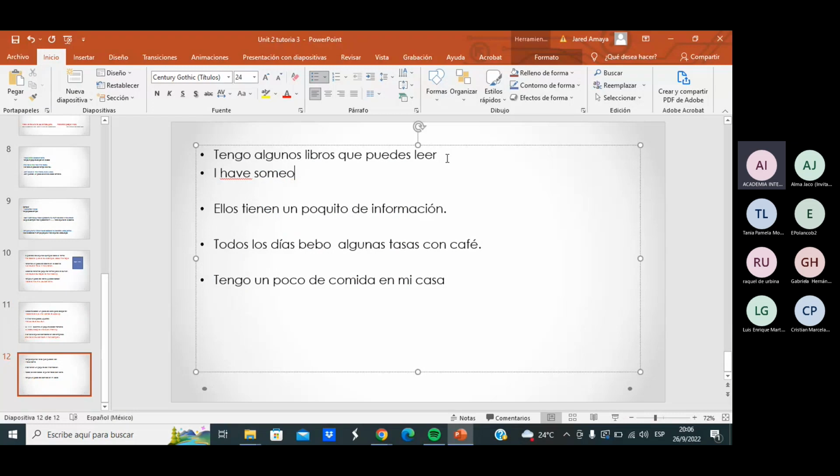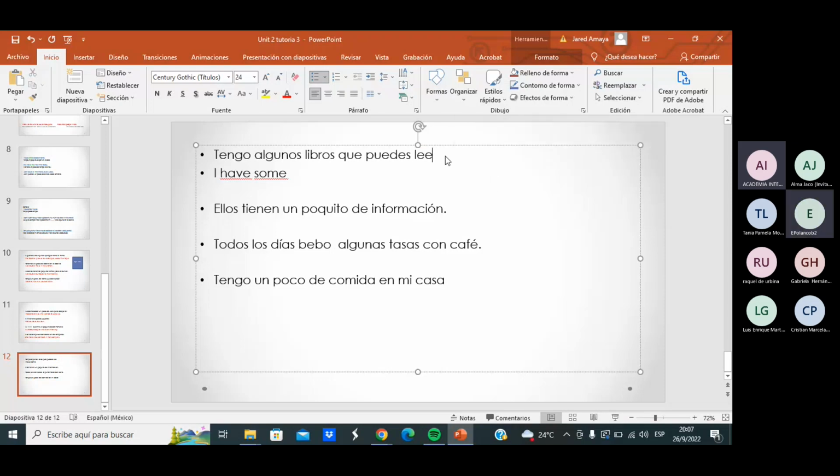Porque someone es como alguien. Eso significa alguien. Son 2 palabras muy distintas. Yo creo que usted ha confundido. Sí, eso pasa.